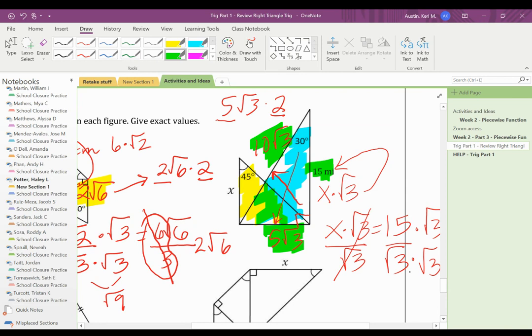Now let's focus our attention on this 45, 45, 90. So here's my 90. I know this leg is 5 root 3. Well, on a 45, 45, 90, the legs are the same. So this guy is also 5 root 3.